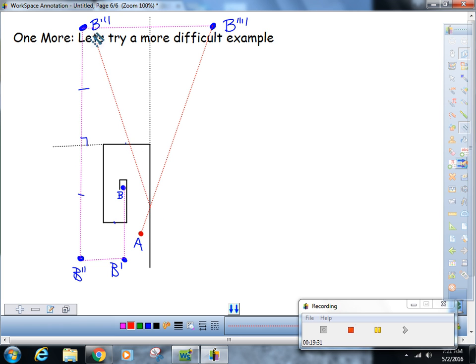It's going to bounce right towards B triple prime. And then what's going to happen when it hits the top wall? It's going to bounce right towards B double prime. And then what happens when it hits the left wall? It's going to bounce right towards B prime. And then from here, it's an O.